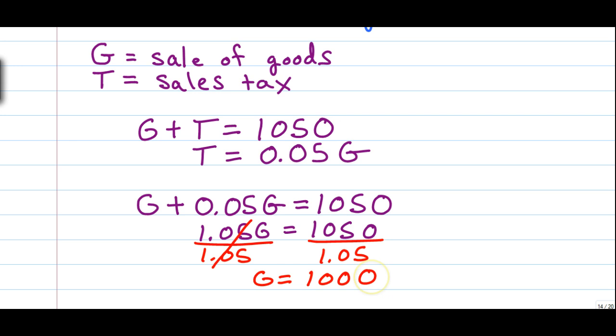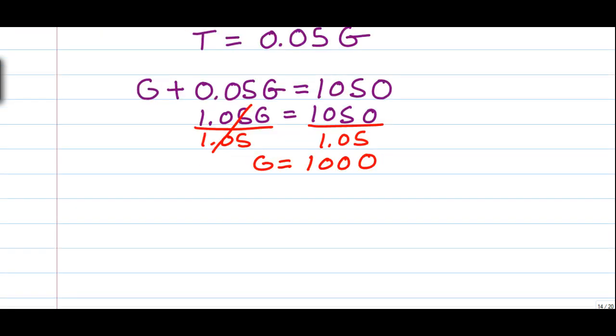We have one part of the problem, but what we want to find is the amount of the sales tax. So we need to go back to our original formula where we had T equal to 0.05 G. We can plug that G that we just found into that position and multiply it out to find the sales tax.